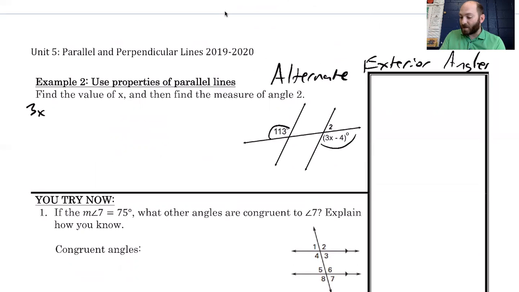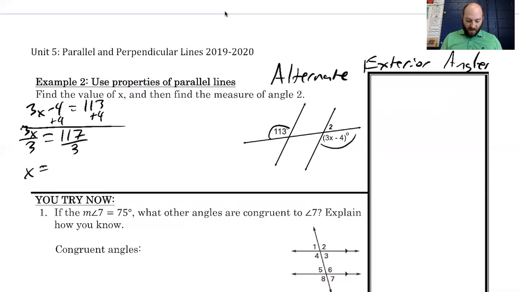So I'm going to say 3x minus 4 equals 113. From there, it's just a matter of solving my algebra. So 3x, I'm going to add 4 to both sides. 3x is equal to 117. Then I'll divide everything by 3 so that I get 39. So that is the value of x right here.